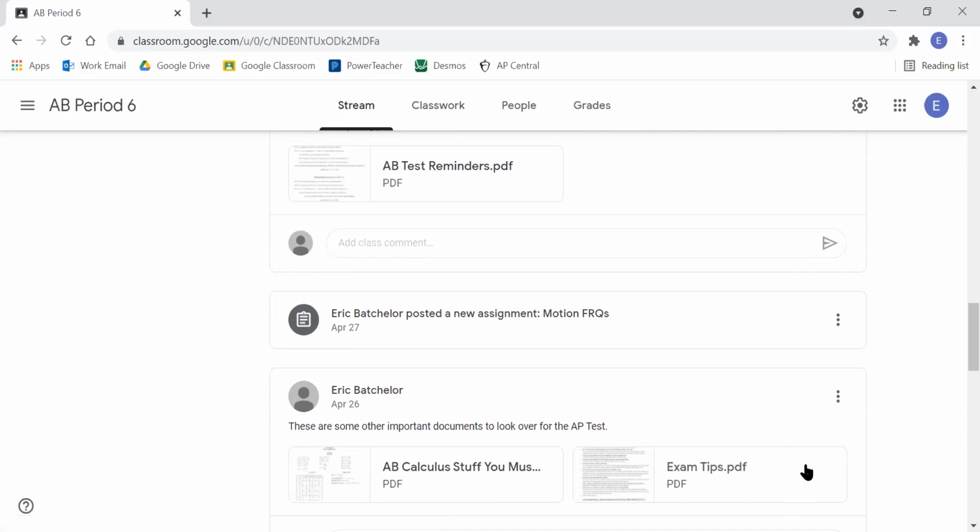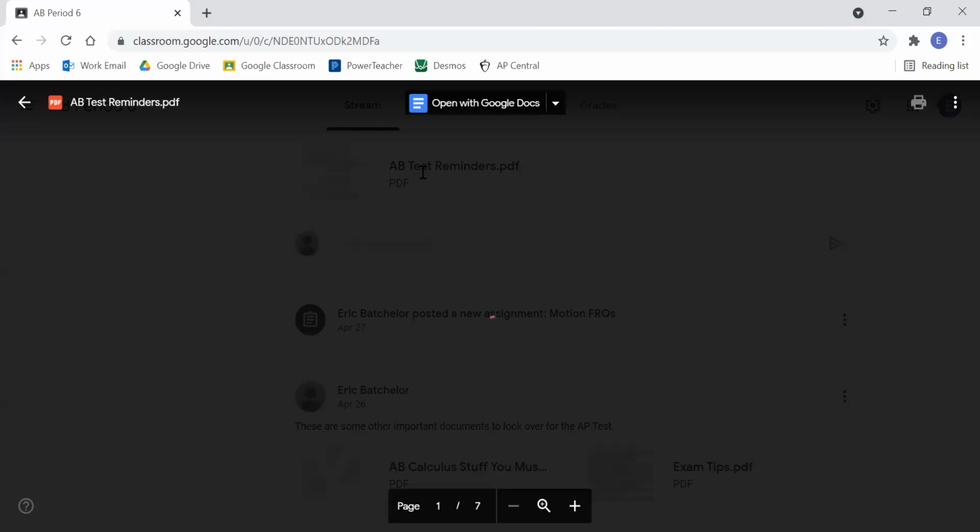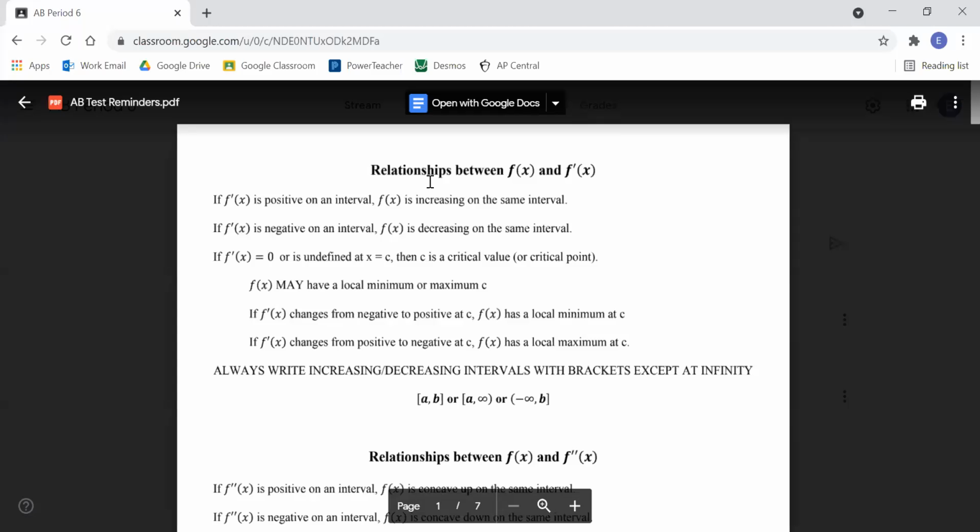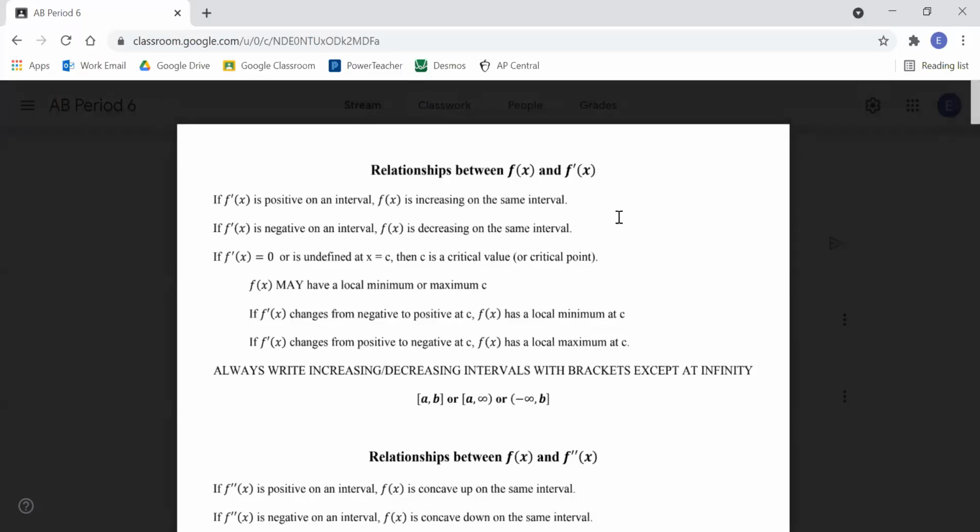I will go through some specifics about the exam tips on Saturday during the review session. And then we also have this other document called AB test reminders, which I'm hoping you've opened and taken a look at. This one I did put together. So this just has all the reminders that you might need for anything.